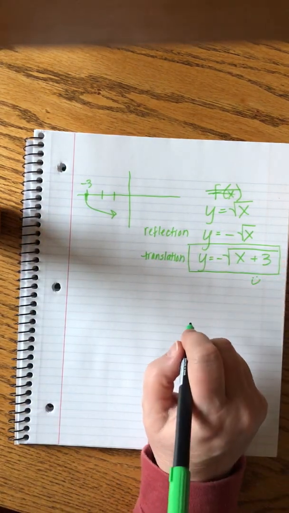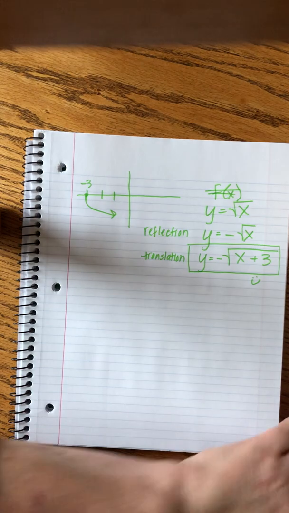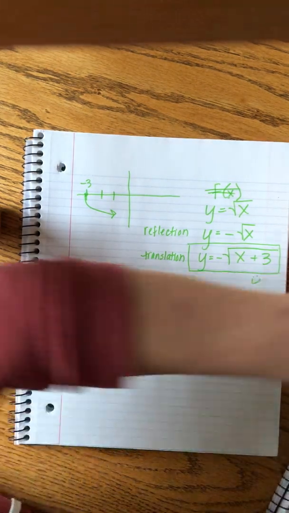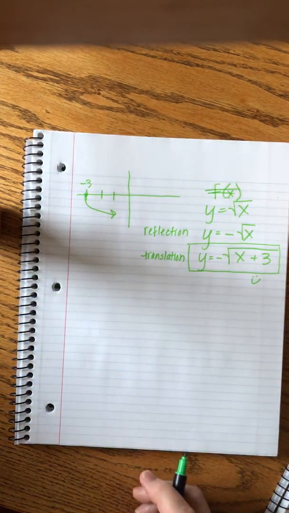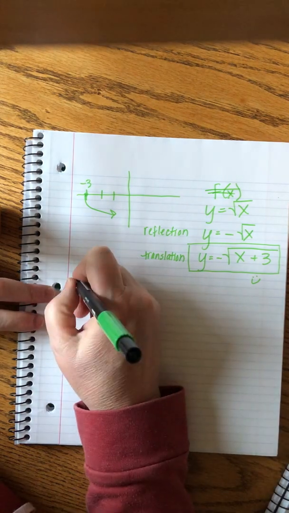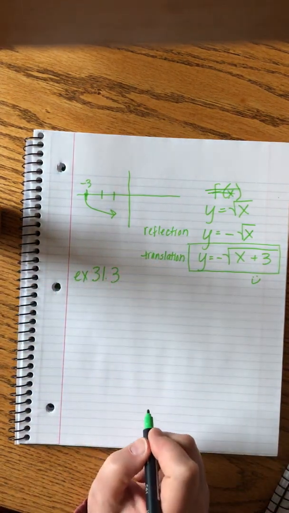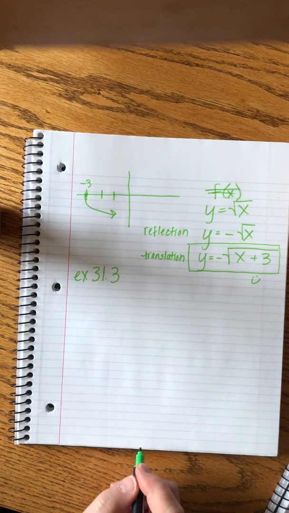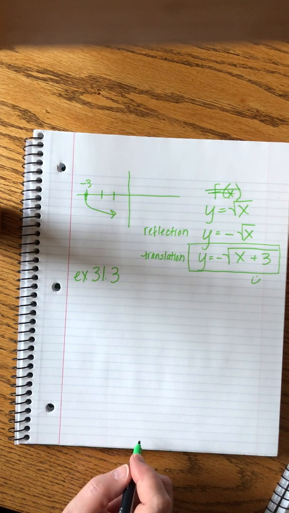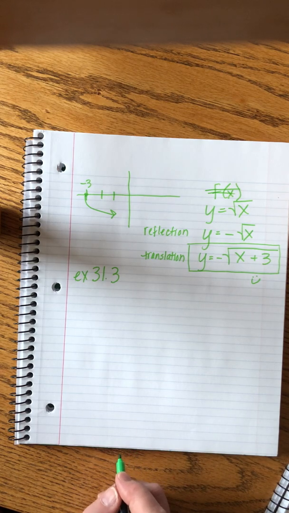Okay, and then this next one is going to be the craziest of all. We're going to put several different pieces together. So let me draw you some pictures. Graph the equation y equals 1 over x.